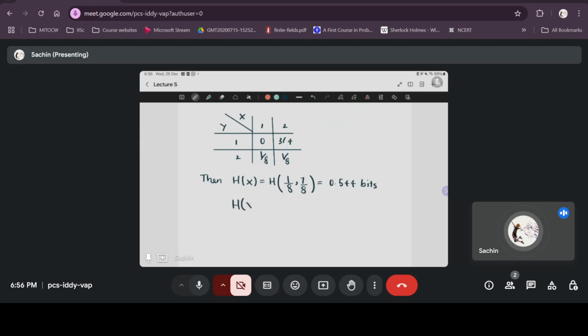Now h of x given y equals 1 is h of this distribution. So you have to normalize that distribution. When you normalize it, you will get h of 0 comma 1, which is nothing but 0 bits.